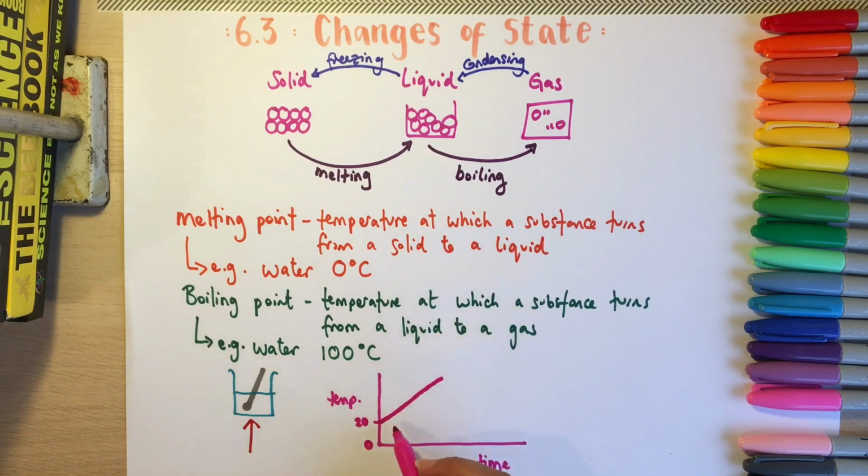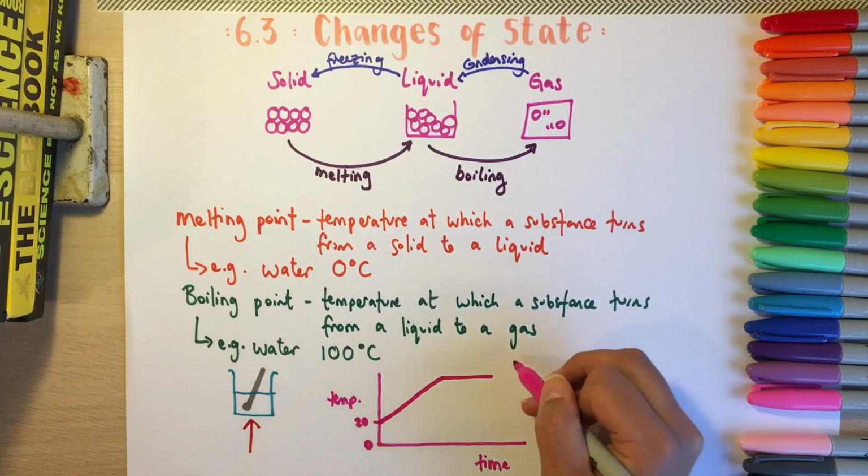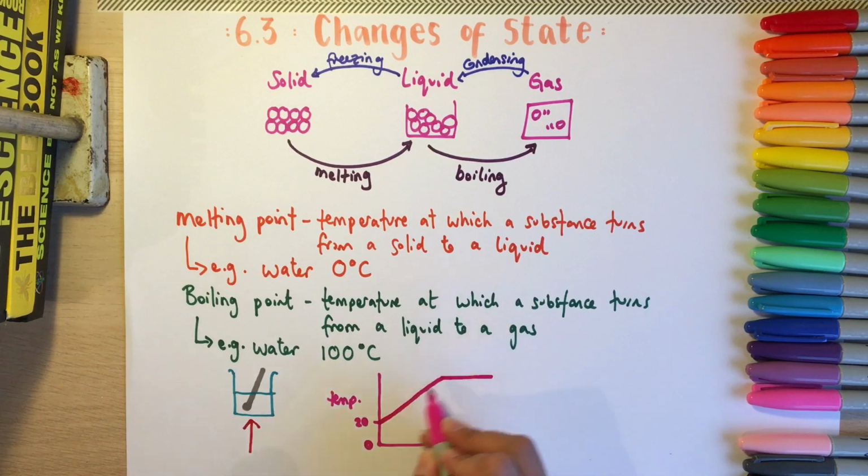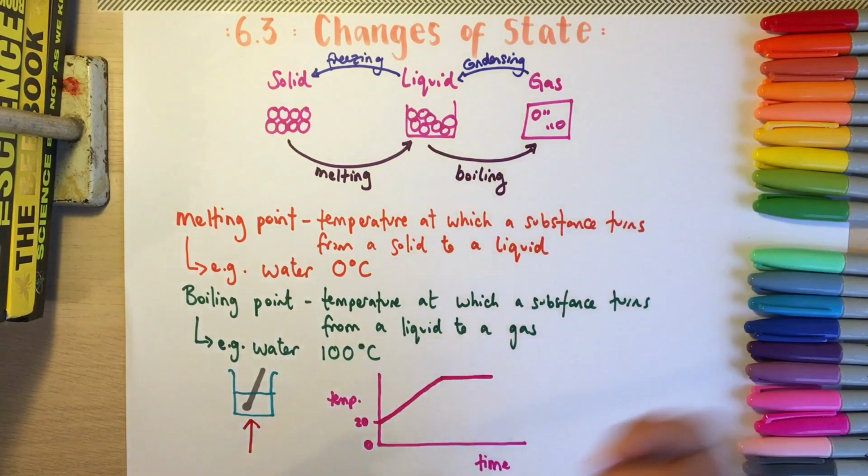But what happens, the temperature eventually gets to a point where, even though I'm still adding heat, over a period of time, there isn't a temperature change. And this happens at the point that is the boiling point.